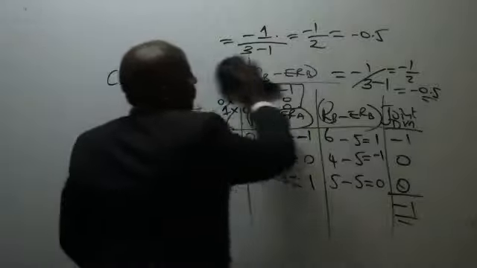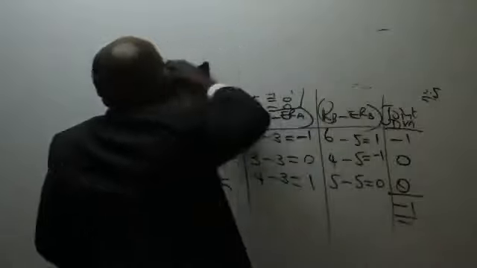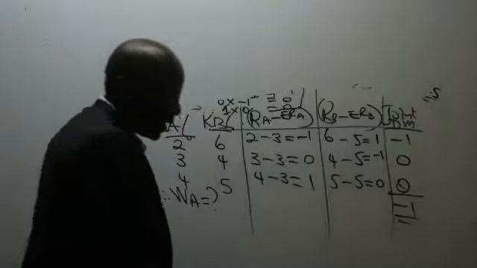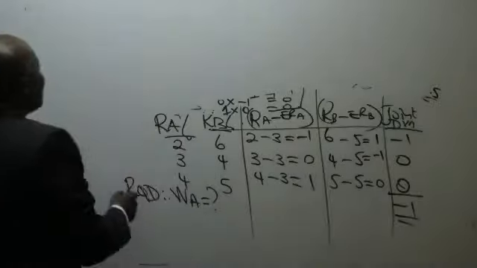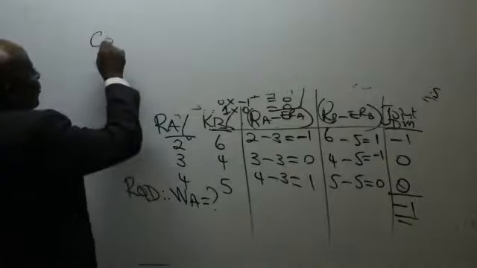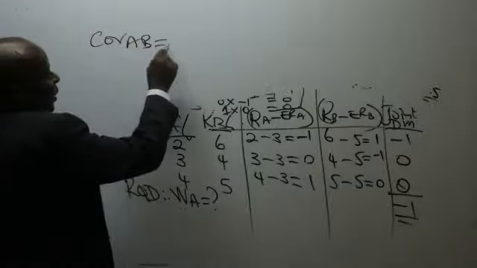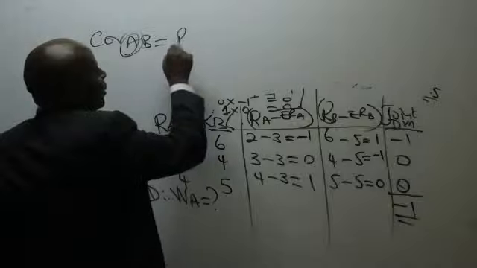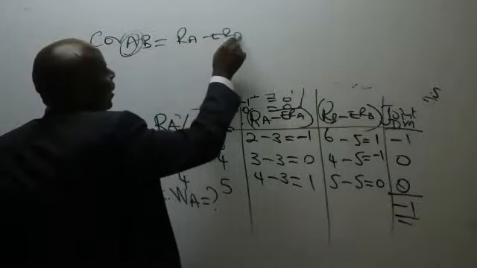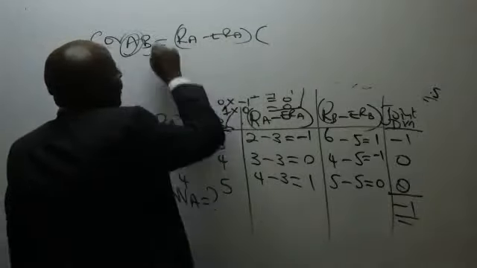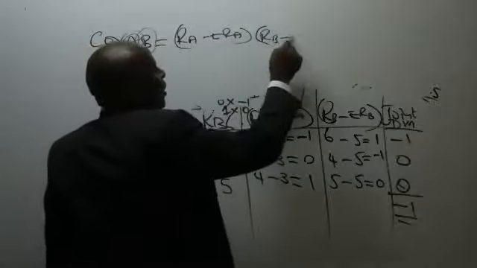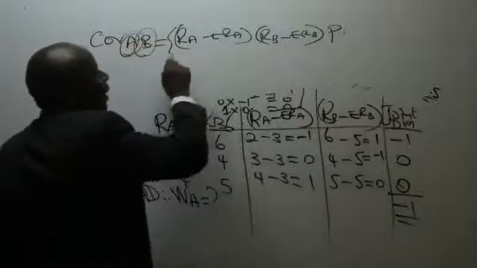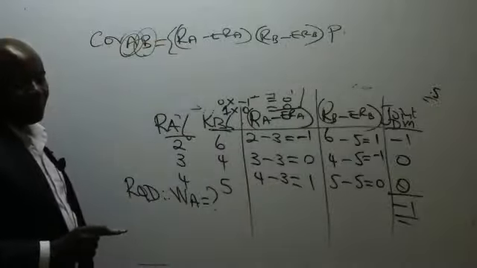Now, look here. I know the formula that you are so much used to. It is this formula that I taught you yesterday, where you take the deviation of A, which is RA minus ERA, multiplied by the deviation of B, which is RB minus ERB, and then multiplied by probability, and then we sum.